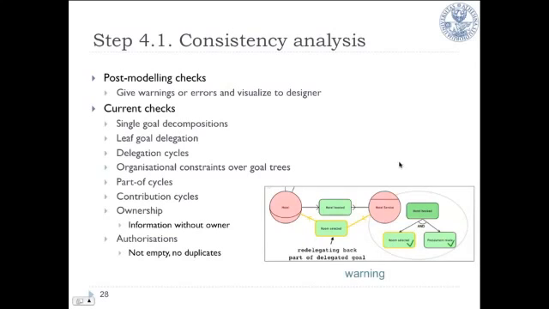And so on, we have a number of checks. For instance, ownership: we want to check that all information has an owner, so that we can then reason whether this information is manipulated in an authorized way or not. And when it comes to authorizations, we don't want empty authorizations or authorizations that specify no information, because they don't express anything, basically.